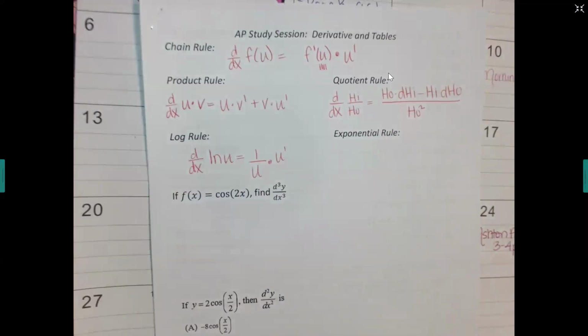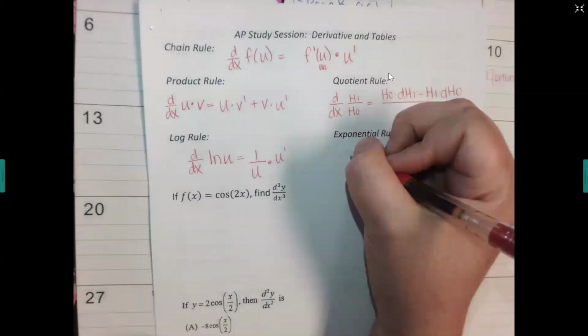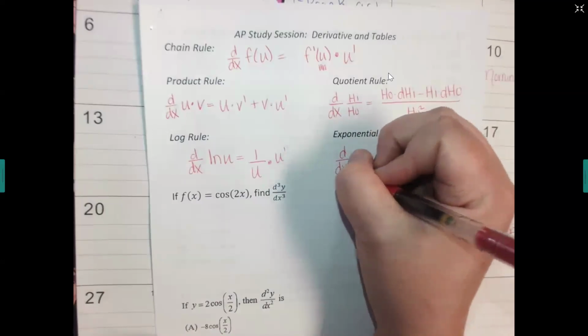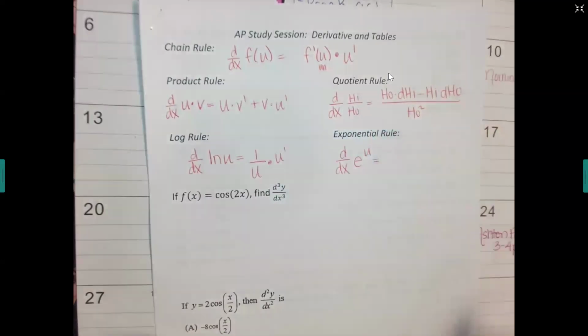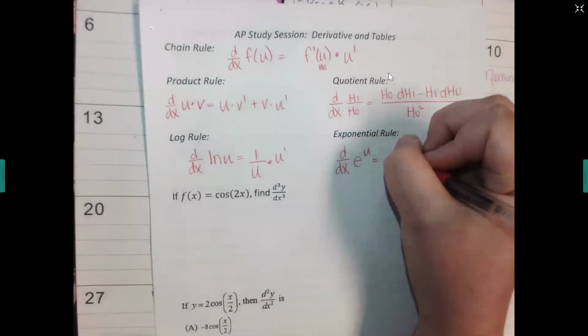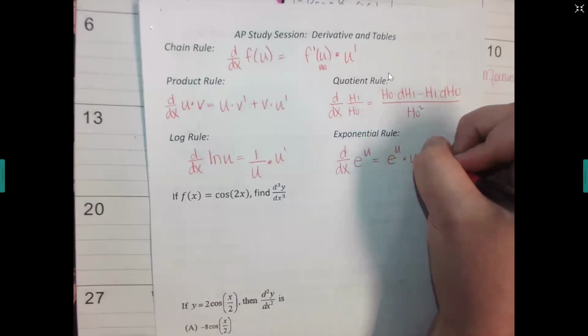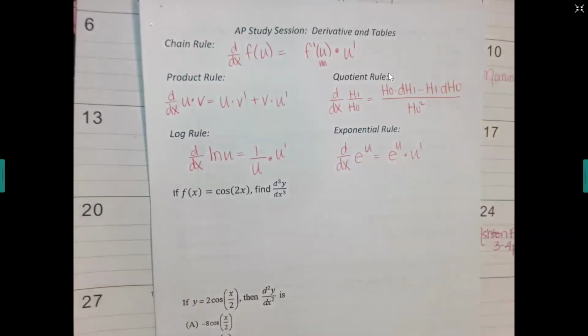But if it's more than just an x, that's when you'd be doing 1 over u and then u prime. Okay, exponential, remember, if it's e to the x, it goes back to e to the x. So e to the u would go back to e to the u. But then don't forget to multiply that u prime if it's not literally just e to the x. Okay, so let's do some examples.